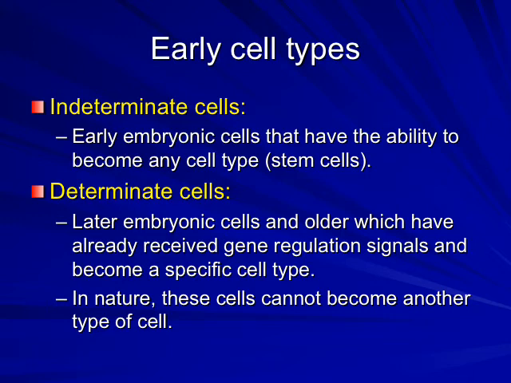We could manipulate those and grow new hearts and grow new livers for people and grow new lungs for people in the laboratory if we could figure out how to manipulate these stem cells. Then there are determinate cells, and those are older embryonic cells which have already received these molecules that are regulating their genes, and they've already become a specific cell type. So in the natural environment, these cells cannot be, their path cannot be changed.